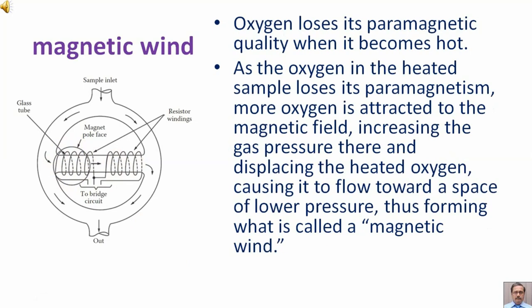Oxygen loses its paramagnetic quality when it becomes hot. As the oxygen in the heated sample loses its paramagnetism, more oxygen is attracted to the magnetic field, increasing the gas pressure there and displacing the heated oxygen, causing it to flow toward a space of lower pressure, thus forming what is called a magnetic wind.